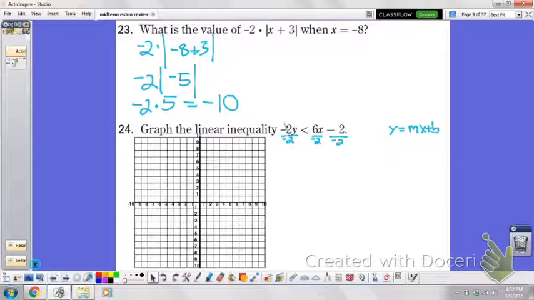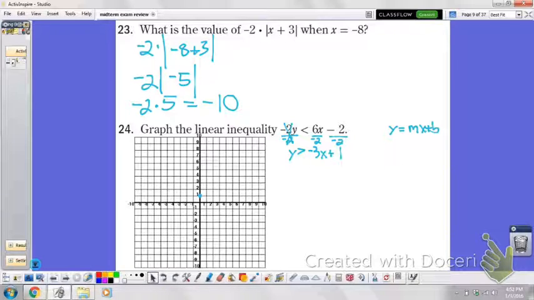-2's on the left cancel out, and we're left with y. And since we divided by a negative number, it is now greater than -3x plus 1. My starting point of this line is +1.